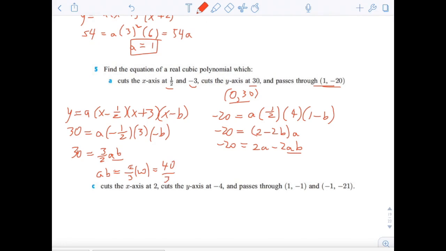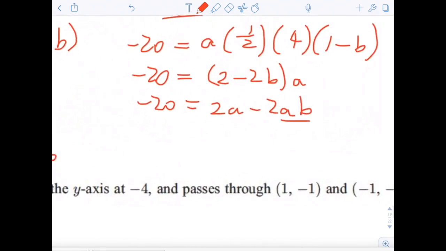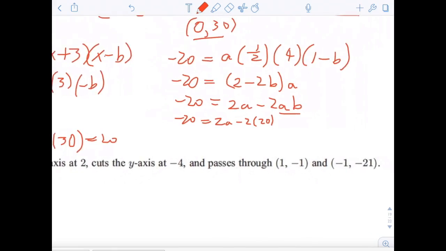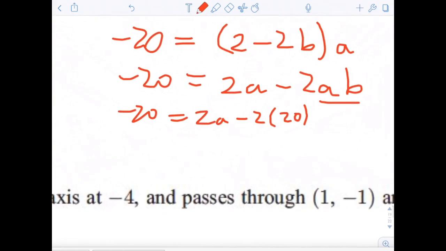Is that right? 2/3, I'm 2/3 of 30, not 2/3 of 20. Now I can see why I was thinking 20. 2/3 of 30 is equal to 20. So ab is 20. So here we have -20 equals 2a minus 2 times 20, because ab is 20, right?